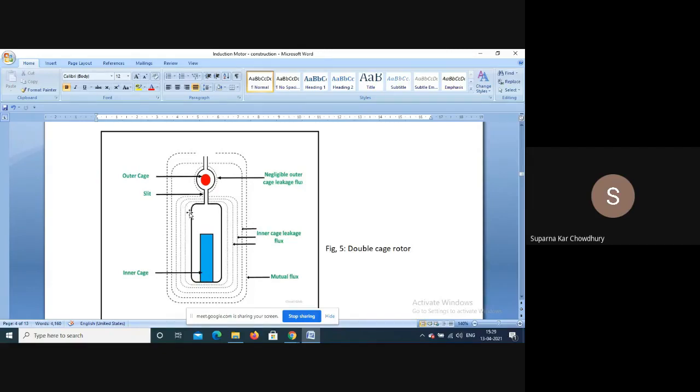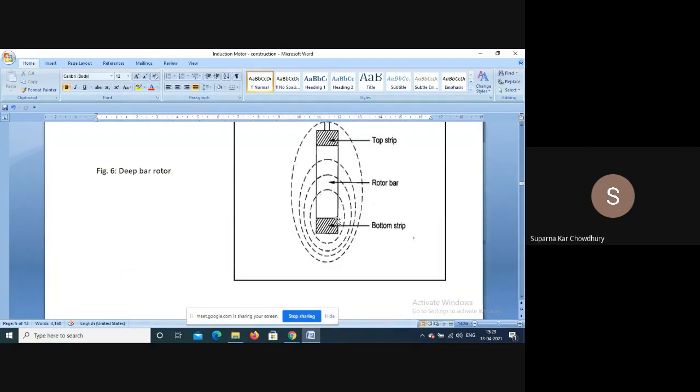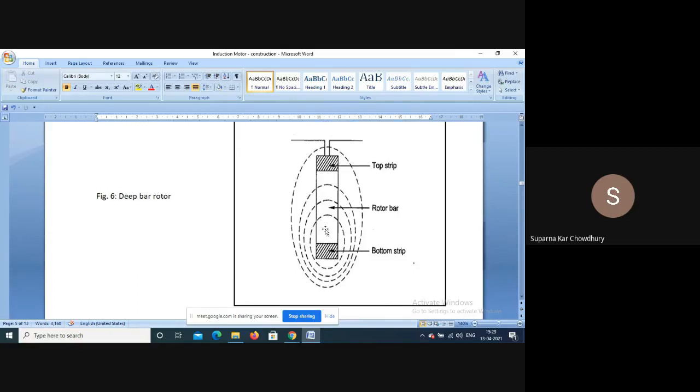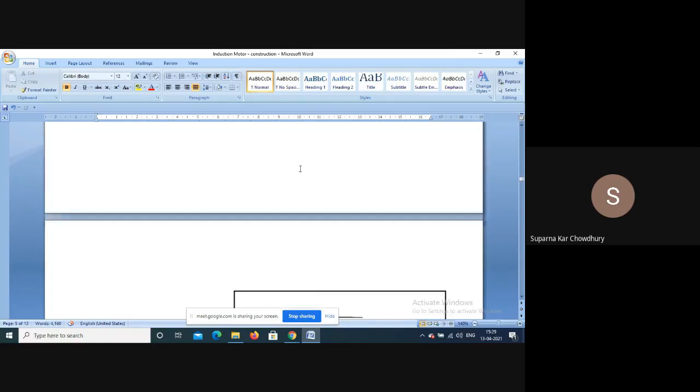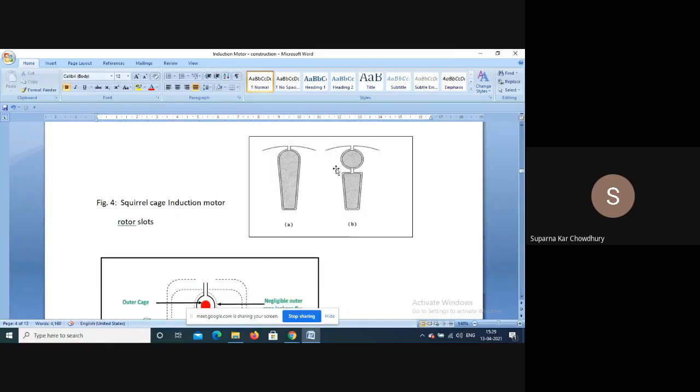The lower cage leakage flux will be much more, and this is true for the deep bar rotor also. The lower portion will have more leakage flux compared to the upper portion. This is obvious because it is embedded within iron. So the reactance of the lower portion of the bar is much more.